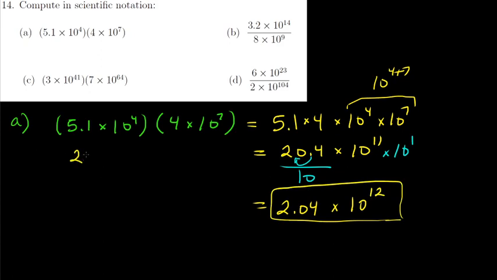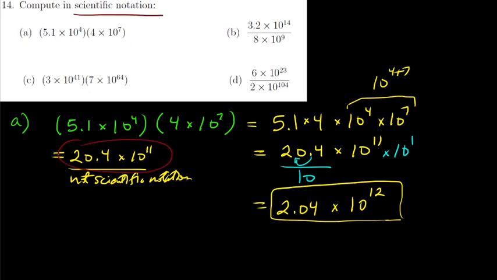So yeah, if you leave it like this, 20.4 times 10 to the 11, this is not in scientific notation. So you're going to lose points for that. Even though it is correct, it is equivalent to this. Right? So these are equal. But it says specifically to use scientific notation. And technically, this here is not scientific notation. So yeah, so that's not quite right.